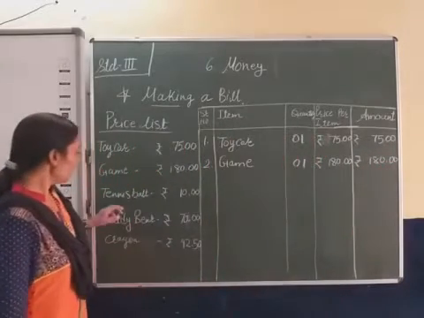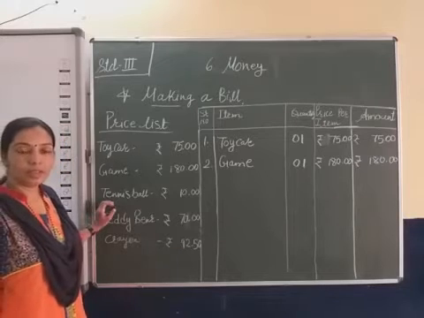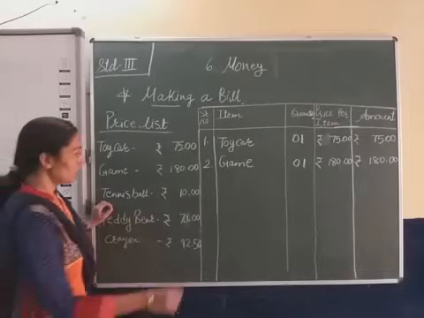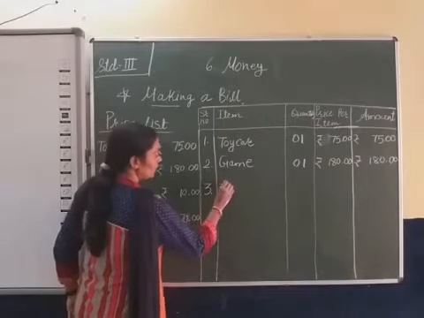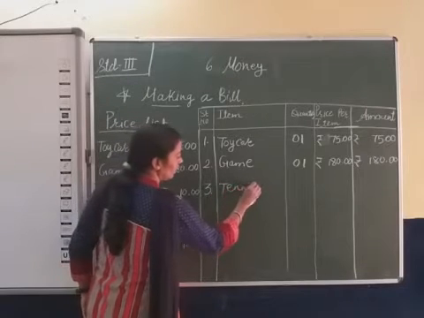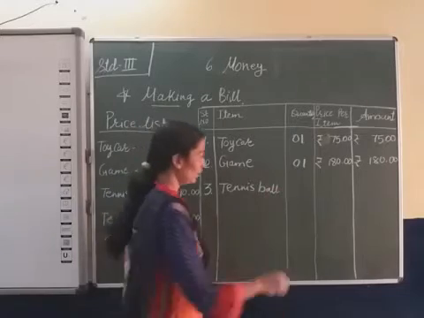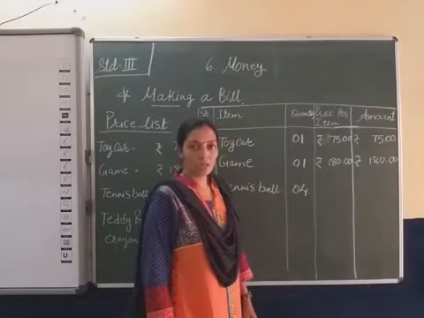Tennis ball. Here the tennis ball costs 10 rupees for 1 and I purchase 4 tennis balls. So in serial number 3, tennis ball, how much quantity? 4. And per item cost is 10.